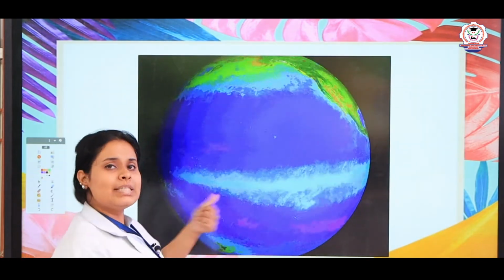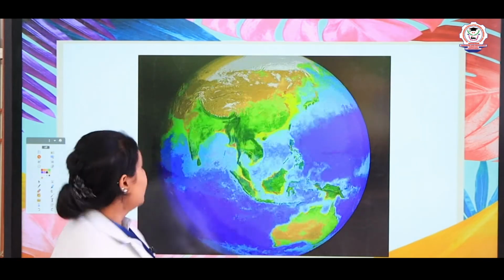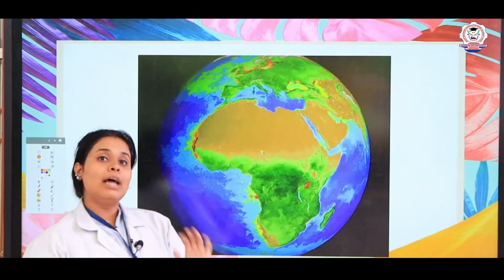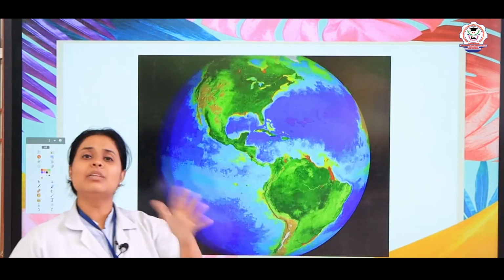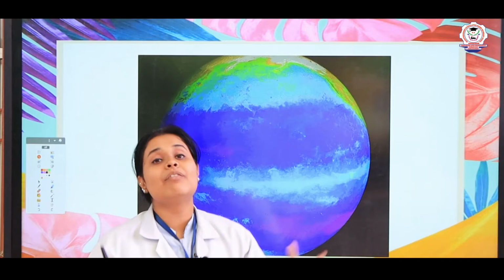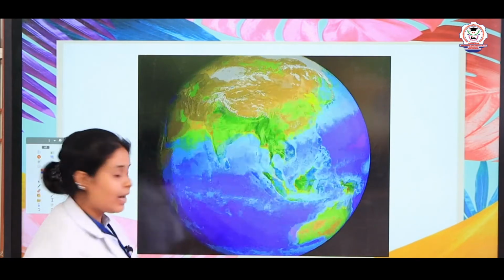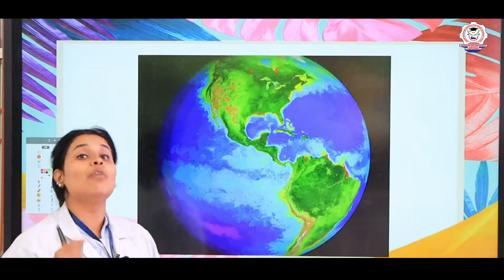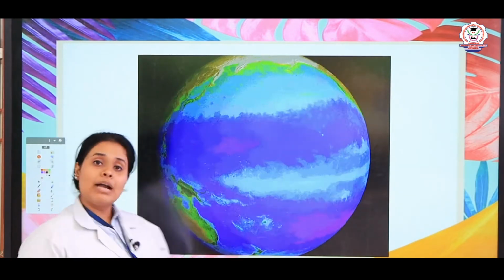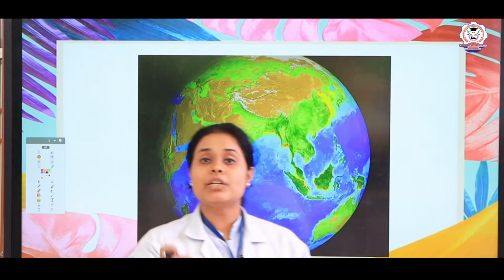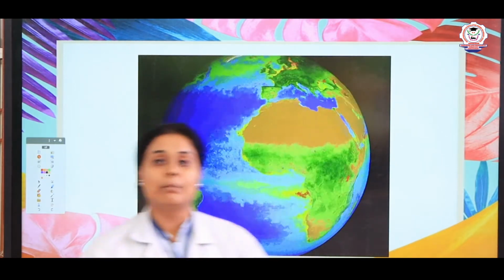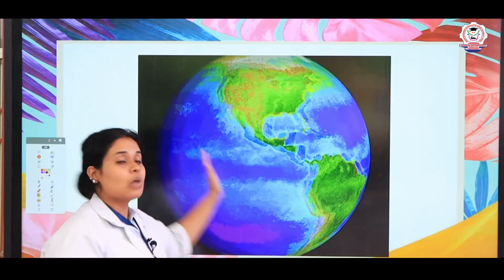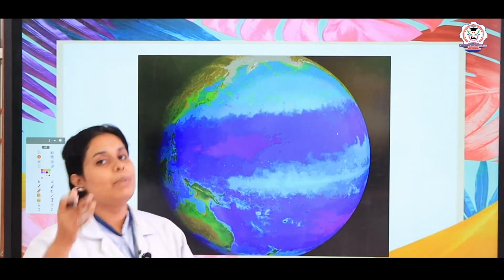So children, what can you see over here? Yes, you can see a globe. Now in the globe you can see that most of the part is covered in a bluish color, right? Yes, this blue color is due to the presence of water on the earth. Around 97% of earth is occupied by water. That is why it is also known as the blue planet.